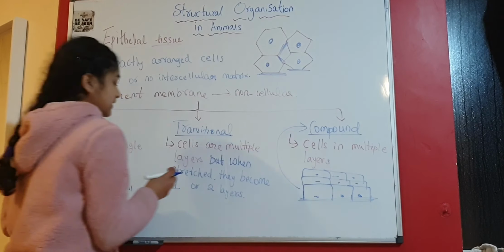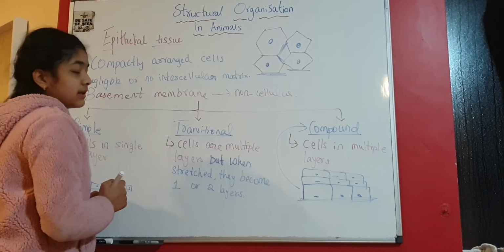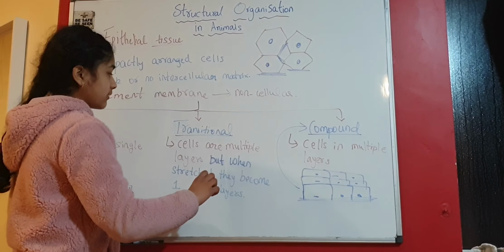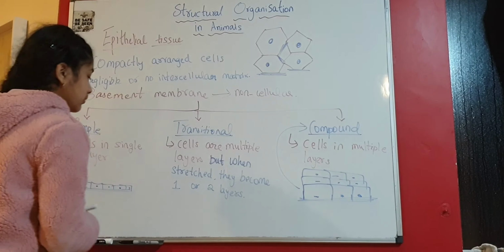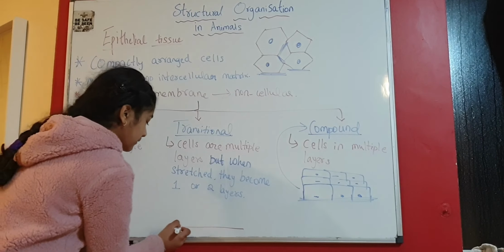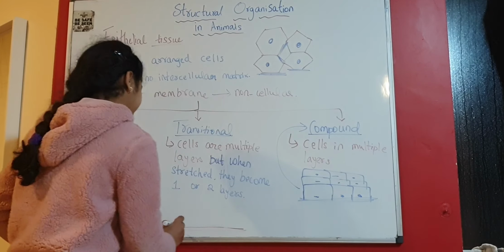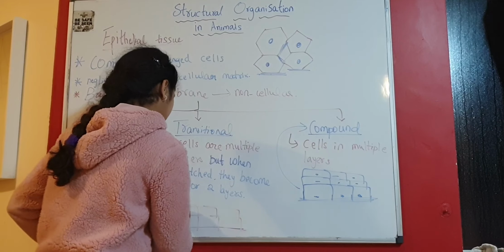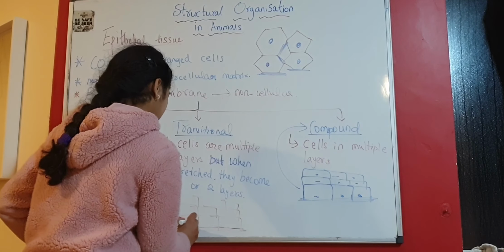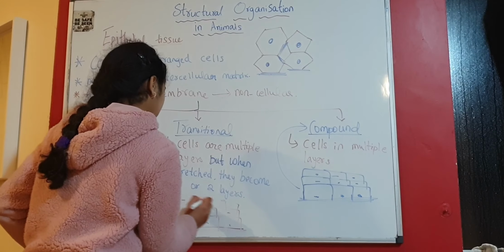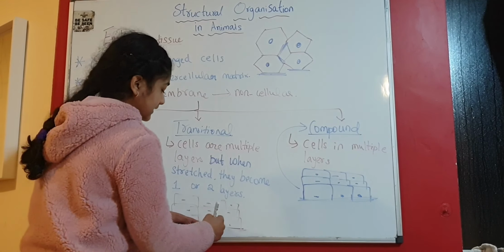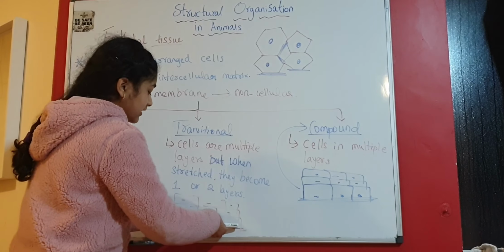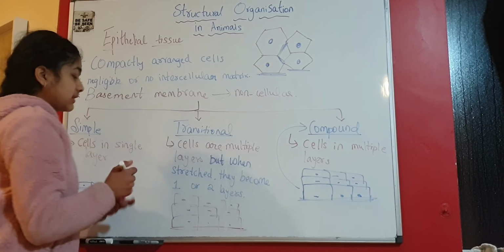For example, in the urinary bladder, when the bladder is full, the tissues become stretched, and then they appear like 1 or 2 layers. So if this is our basement membrane, they are in multiple layers. There are some gaps between these cells. When they become stretched, these two cells stretch, and then this cell comes down. So this is transitional epithelium.